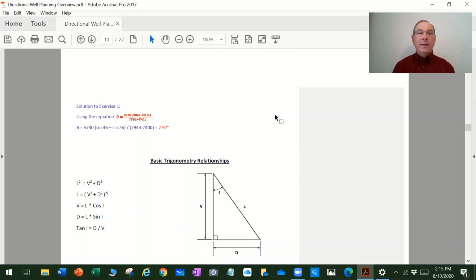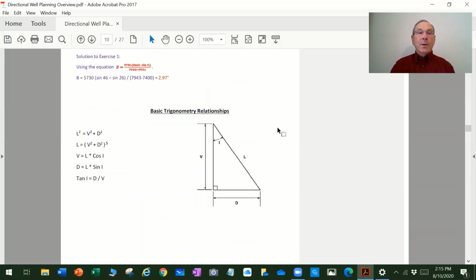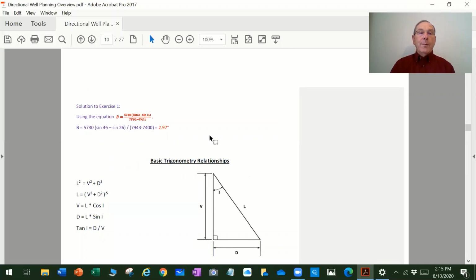For this example, our build rate is 5730 times the sine of 46 degrees, which is what we need at target number 4, minus the sine of 26 degrees at target number 3. So therefore, the change in TVD is the same.